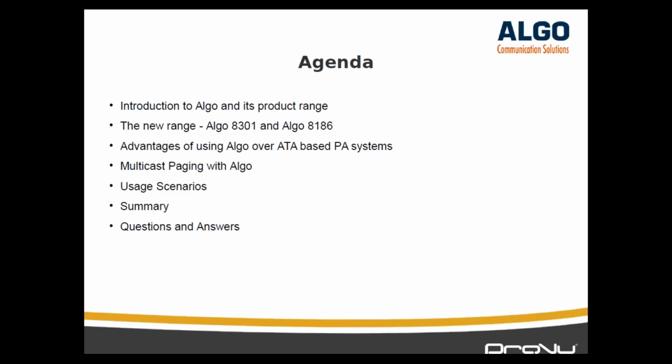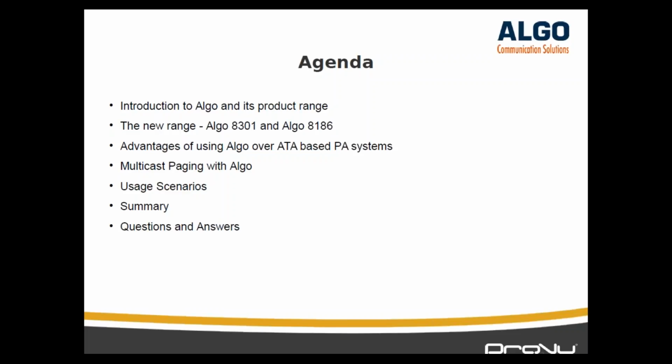So today's agenda, as you probably have seen in the emails, is mainly to introduce two new product ranges from Algo. But before we move on to the new products, we'll give you a brief introduction to the old range we have been selling for some time now, and then we'll go through some advantages of using Algo products over ATA-based PA systems, which is basically just Cisco converters or any other converters.